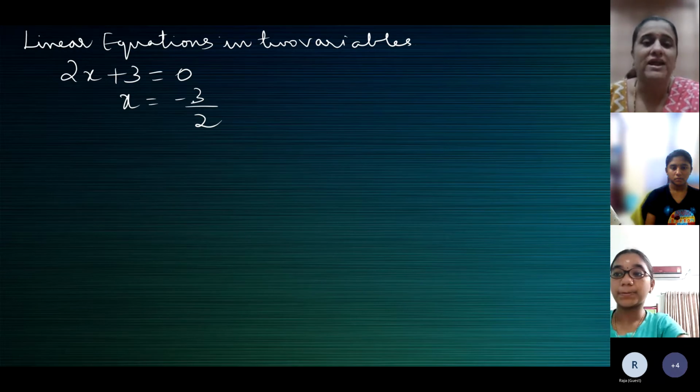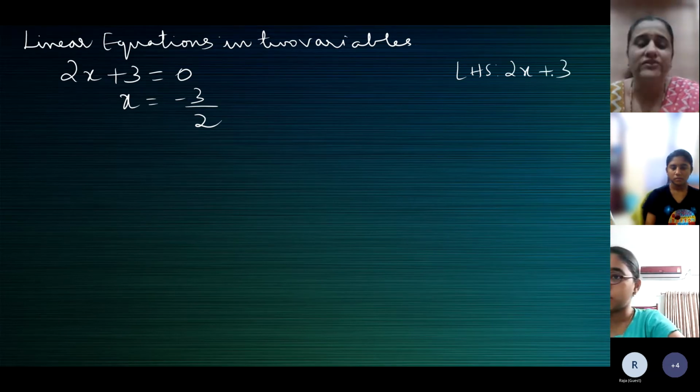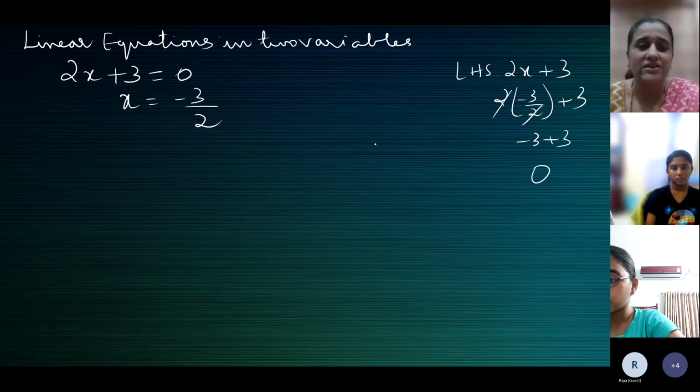Why? Because that is the only value of x which can satisfy the equation. In the LHS 2x plus 3, in place of x, when you use minus 3 by 2 and work it out, you get minus 3 plus 3, which is 0, which is the RHS.